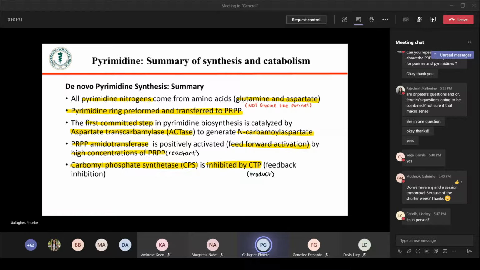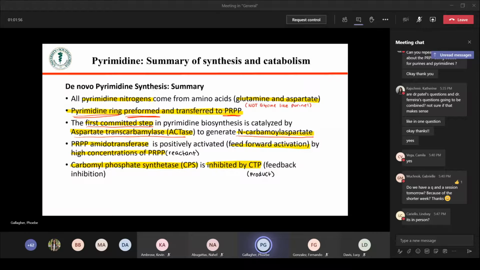Okay, moving on. The other thing to remember that we already talked about is that the pyrimidine ring is preformed and then transferred to PRPP, unlike the purine ring, which is built on PRPP. You need to know the first committed step and know the enzyme for it as well as the product.